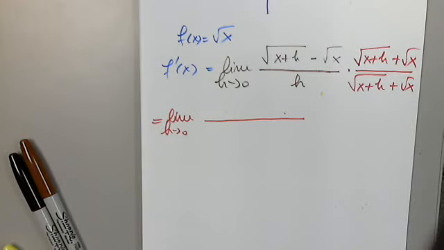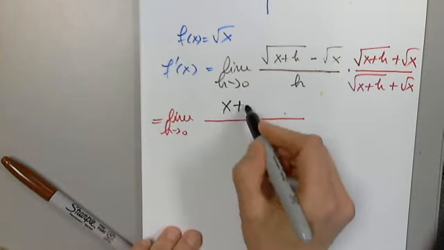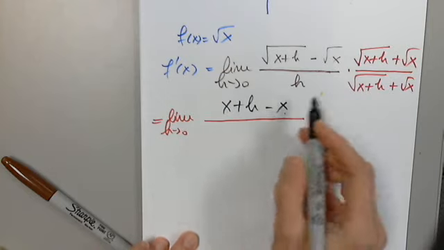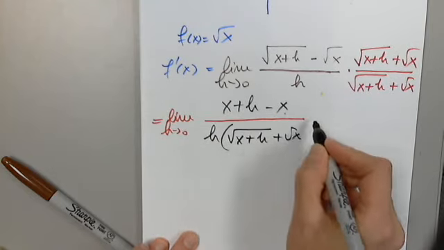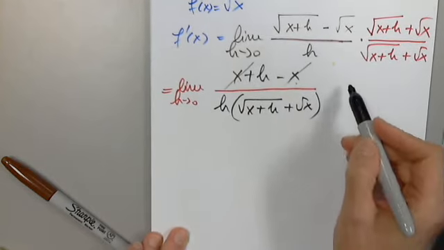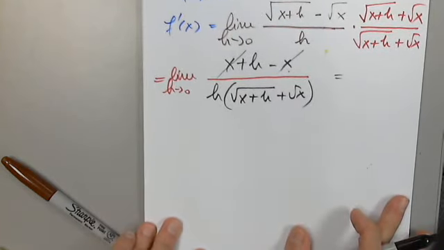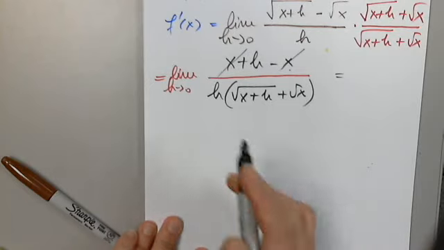Can anyone dictate the top? And the denominator is what I see. These two go away, as expected. All terms without h must go away.